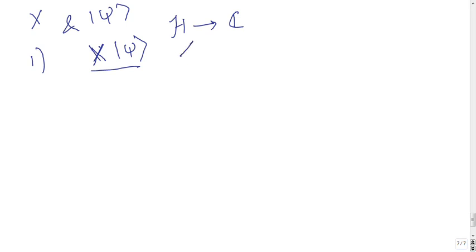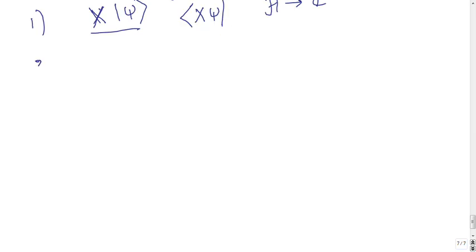That would be denoted as this, and this bra is a linear operator from H to C. Second way is alternatively we can consider the linear operator which takes a vector in H, multiplies it by this operator X, and takes an inner product with the output vector.